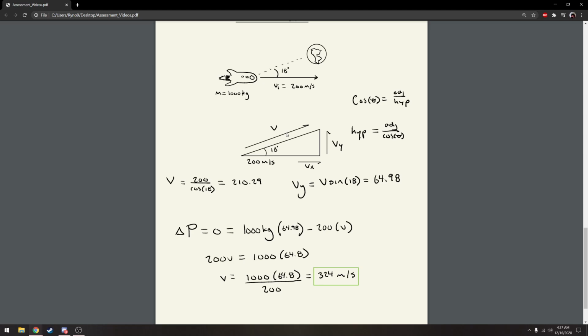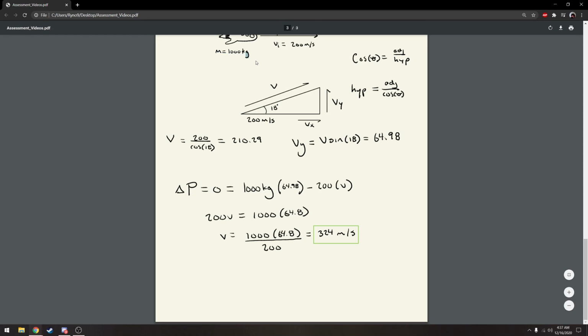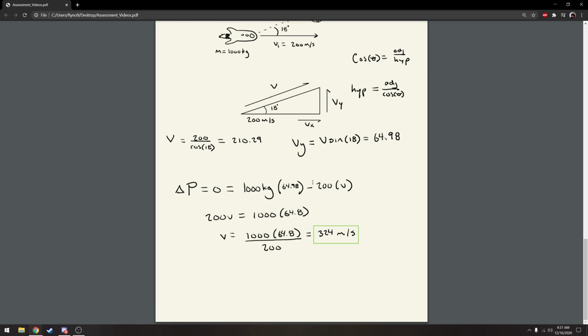Now, this is where we start to solve for the velocity we need to shoot this 200 kilogram mass. So like I said, in an isolated system, the change in momentum is going to be equal to 0, which is equal to the 1,000 kilograms times the 64.98, which is the desired velocity we want this system to go, minus this 200, which is the mass of the capsule we're ejecting, times this v, which is what we're solving for. Plug in what we know.